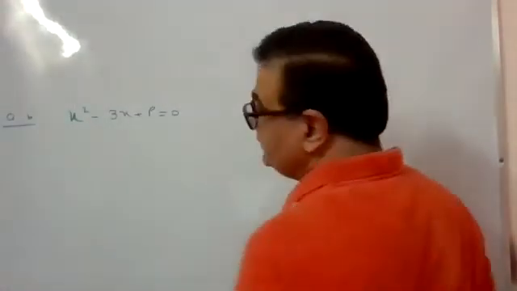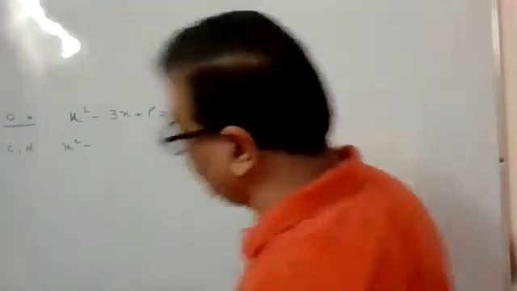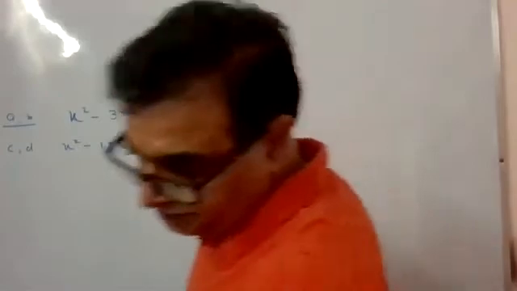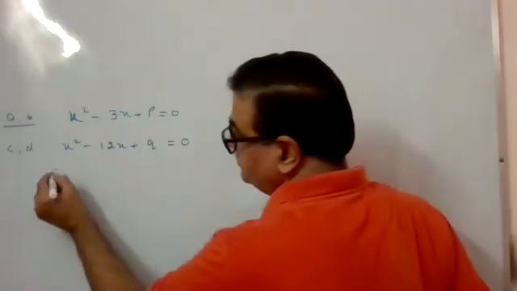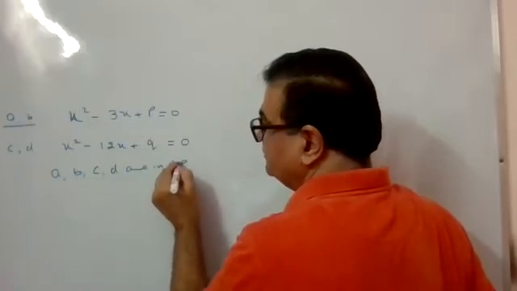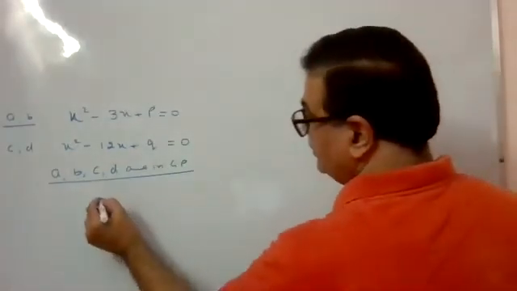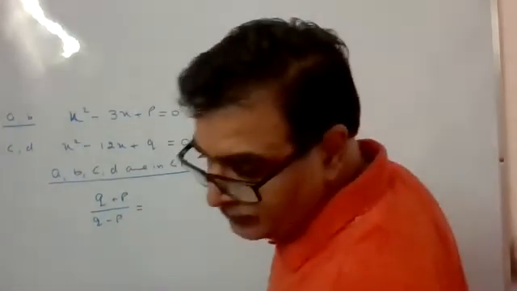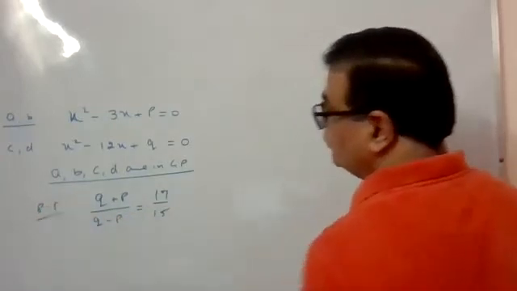And c and d are the roots of the equation x square minus 12x plus q equal to 0, where a, b, c, d are in GP. Then prove that (q plus p) by (q minus p) should be equal to 17 by 15. This we have to prove.